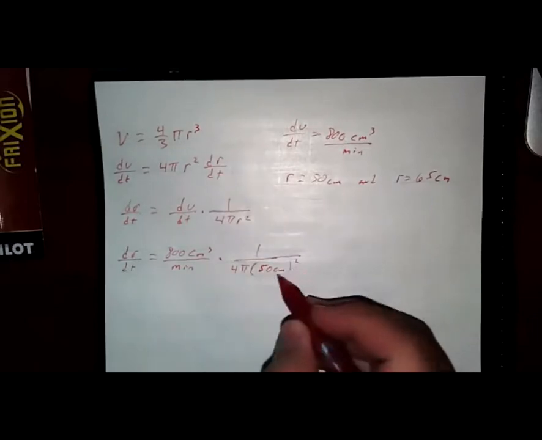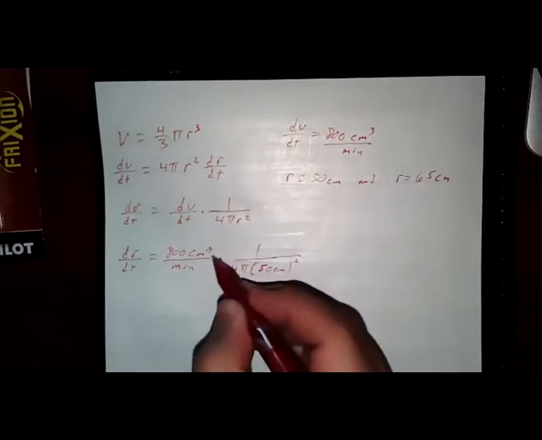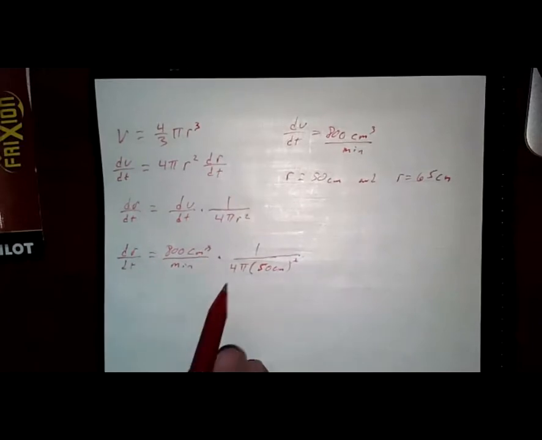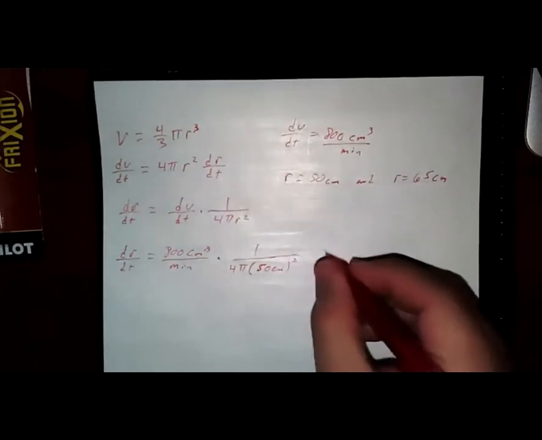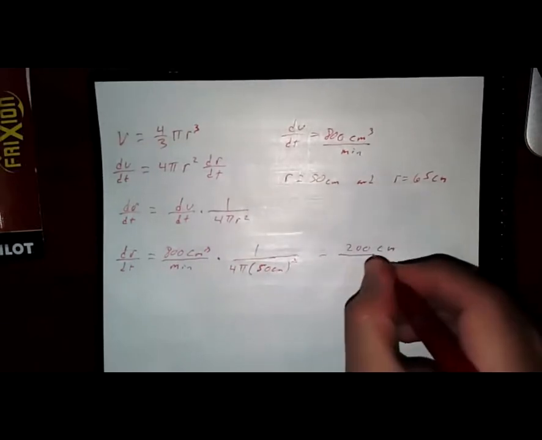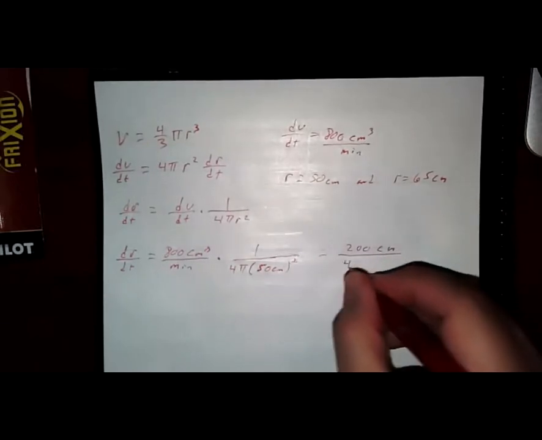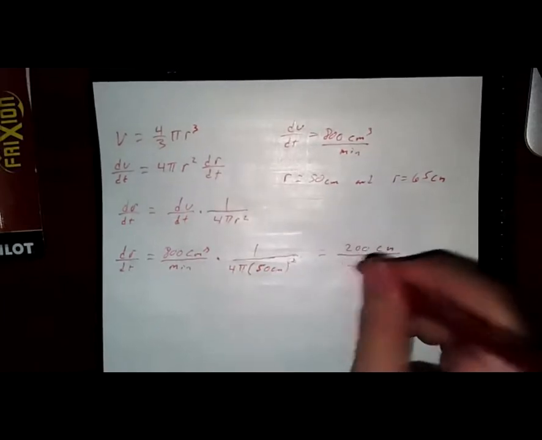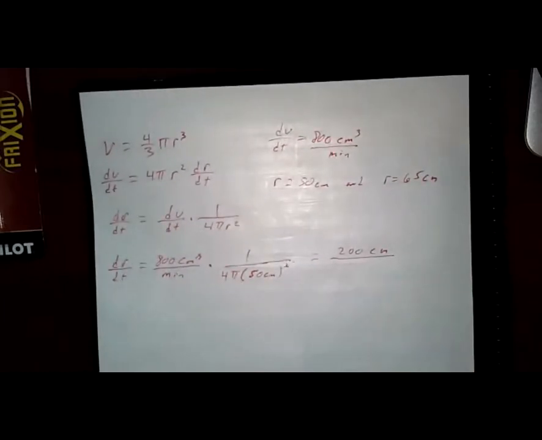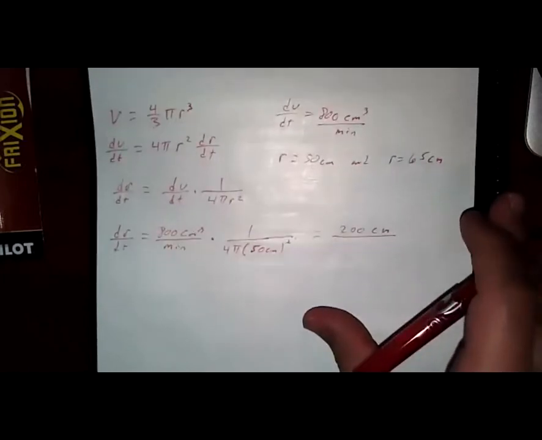So this will cancel 2 of those. So 800 divided by 4, what is that, 200? So this would give us 200 centimeters over 4 pi. Oh, actually, the 4 is gone, sorry. What's 50 squared? Is that 2,500? I forget.